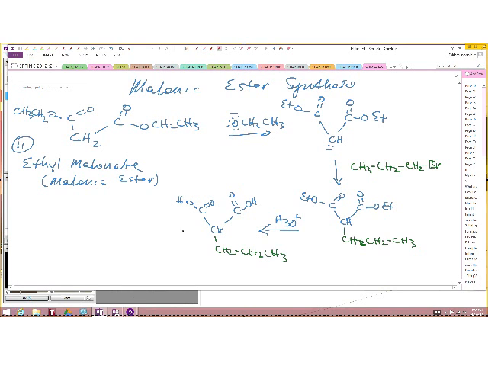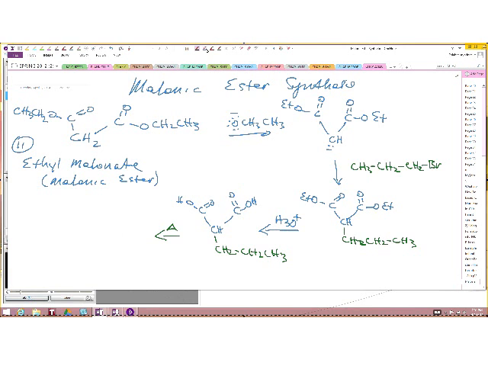Now if I just apply heat at this point, see what I will get? I'm going to lose this as carbon dioxide, right? And this hydrogen here will come to here. And what do I get at the end? I get a carboxylic acid. And in the meantime, I have made a new carbon-carbon bond, extended the carbon chain. So now what do I have?